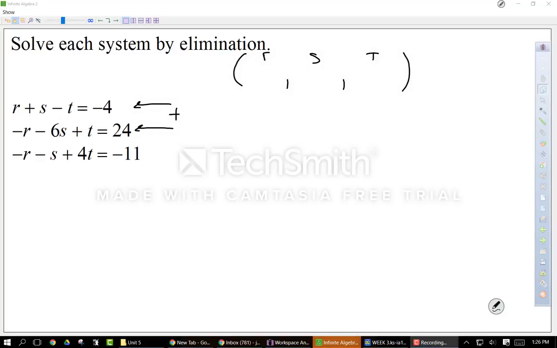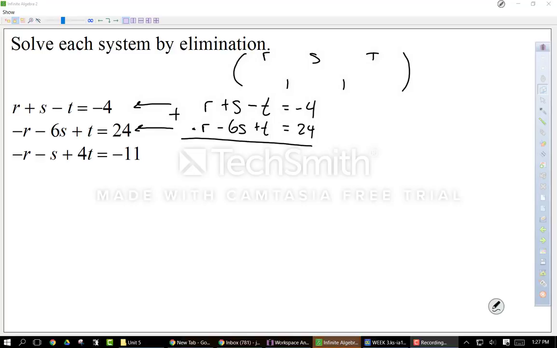Because I add them, my R's are going to give me 0. 1 minus 1 is 0. So let's add the rest of them. I'm just going to rewrite this so you can see what I'm doing here. R plus S minus T equals -4, and then -R minus 6S plus T equals 24.